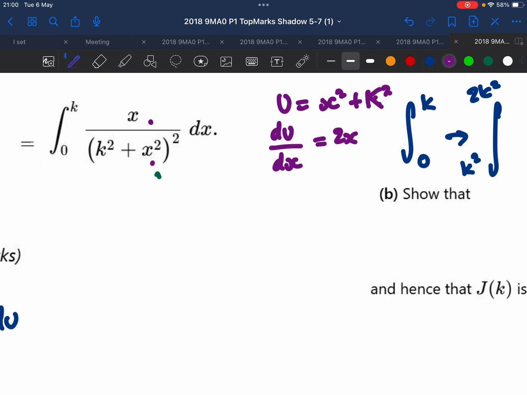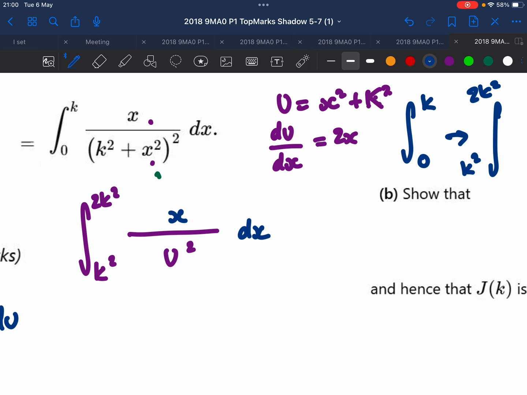So the integral is going to be what then? The integral is going to be, well, it's from 2k squared to k squared. Might as well do that. When things are difficult, just change one thing at a time. So I might suggest here you write this as u squared and then x dx until you've got a handle of what to do. The dx, we changed this one before, didn't we? So what did we say?